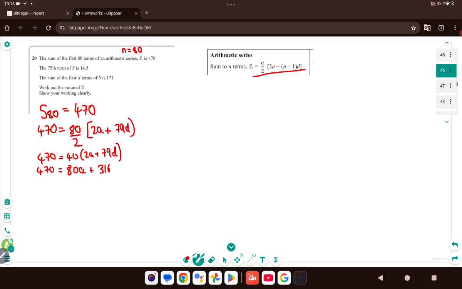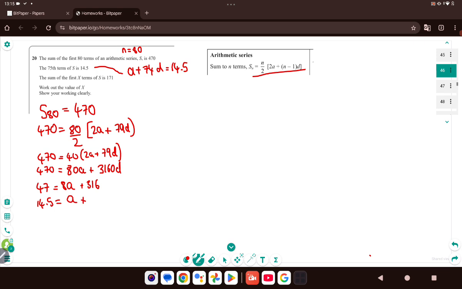I'm just going to simplify that a bit by dividing everything by 10. You don't have to do that. And then from this sentence here, the 75th term of S is 14.5, I know a plus 74d equals 14.5.